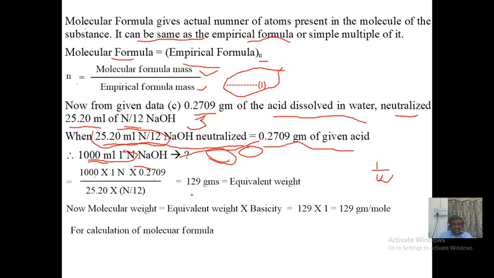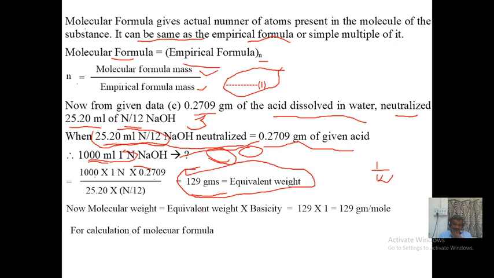When you solve this, as it is 1 liter 1 normal NaOH, it is going to give me the equivalent weight. So 25.2 N by 12 NaOH corresponds to 0.270 gram of the given acid. Then 1000 ml 1 normal is going to give me the amount, which is nothing but the equivalent weight based on the theory part. So if you solve this, you are going to get the equivalent weight, friends.